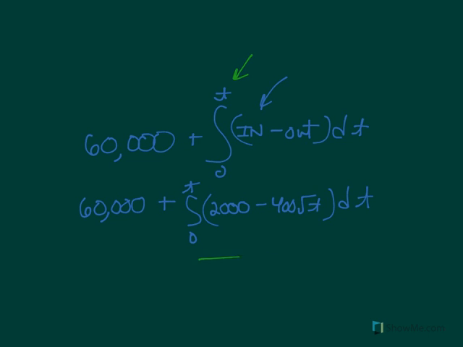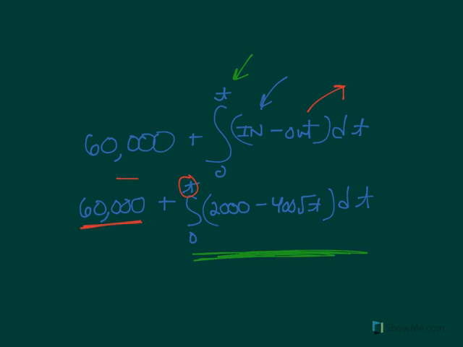So this model will tell you how much total volume accumulated, from the amount going in and the amount going out, from 0 to whatever time you found in part B, plus the original 60,000 that you started with. So that should get you set up on that one.